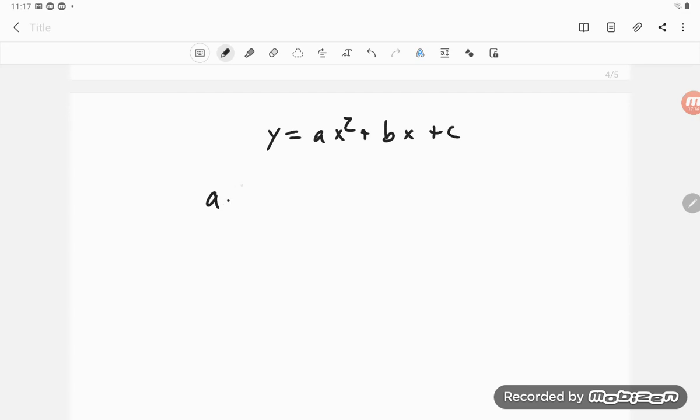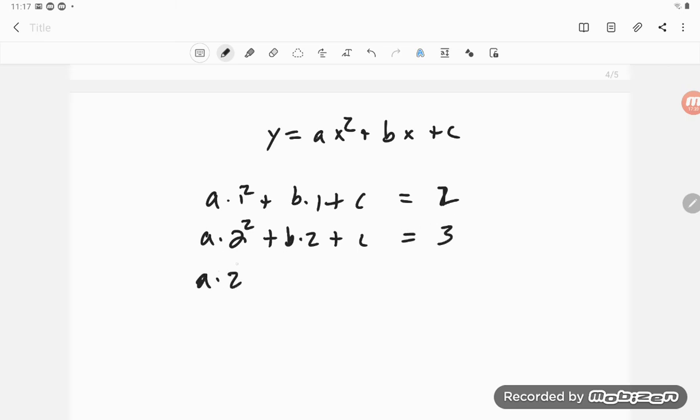I'd have a times 1 squared plus b times 1 plus c needs to be equal to 2. And a times 2 squared plus b times 2 plus c needs to be equal to 3. A times 2 squared plus b times 2 plus c needs to be equal to 4. And a times 3 squared plus b times 3 plus c needs to be equal to 4.